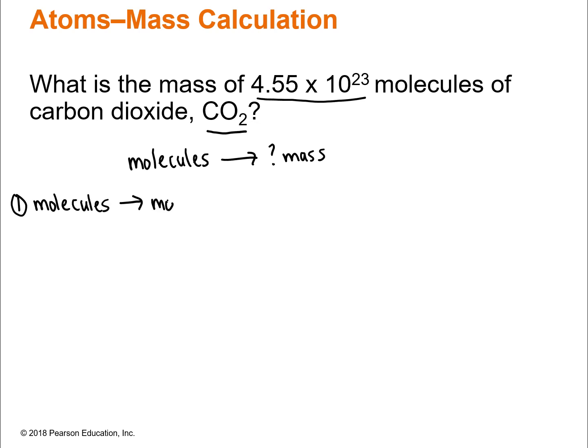We have to use moles. So we're going to go from molecules to moles, and then moles to mass. For the first one, we're going to use Avogadro's number this exact same way.